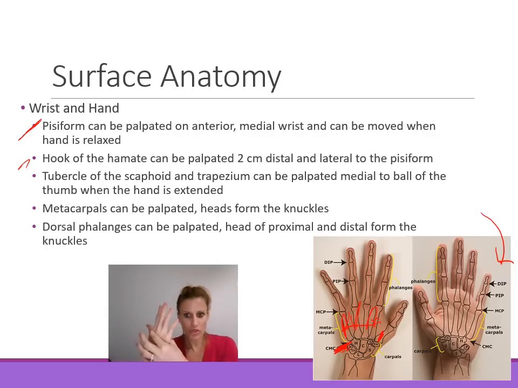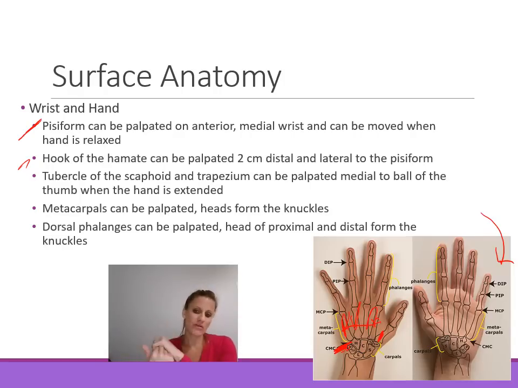The distal portions of them, the heads of the metacarpals, form your knuckles. The third metacarpal, the middle finger knuckle, is normally the most prominent, but these are just the heads of the metacarpal bones. The bones in the fingers are referred to as the phalanges, and the dorsal, or back ridge, of these bones is easily palpated or felt.